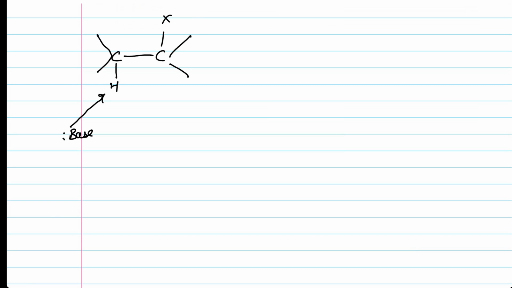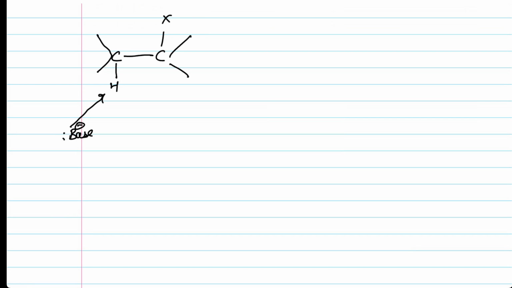Considering this particular position, what we can say is that if somehow this position does not contain hydrogen, then elimination reaction will not take place. So here the base is going to attack the hydrogen from the point farthest from the halogen. When the base attacks the hydrogen, it is going to donate the electron cloud to the hydrogen.